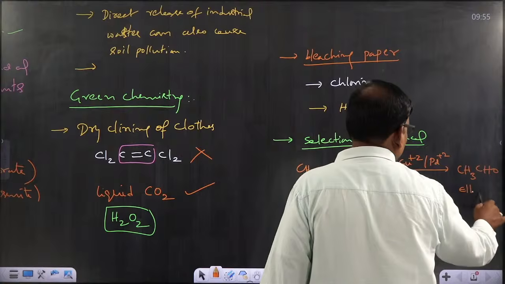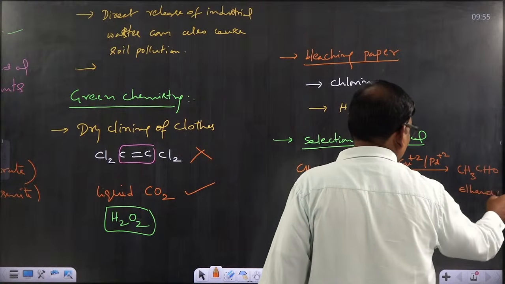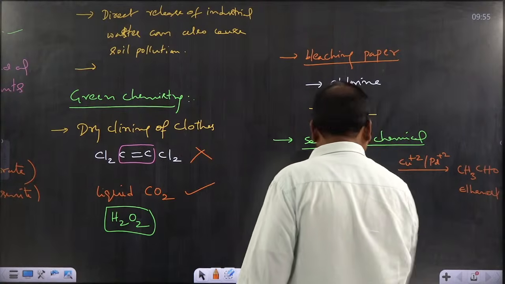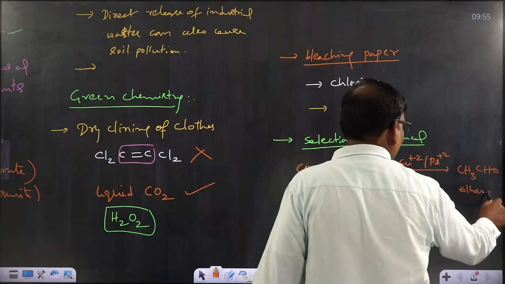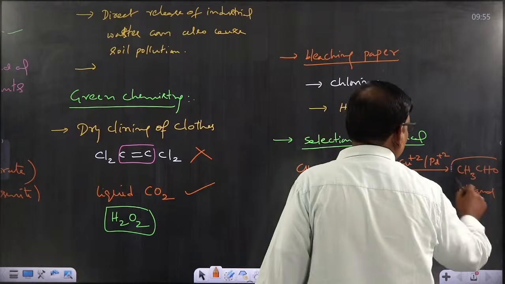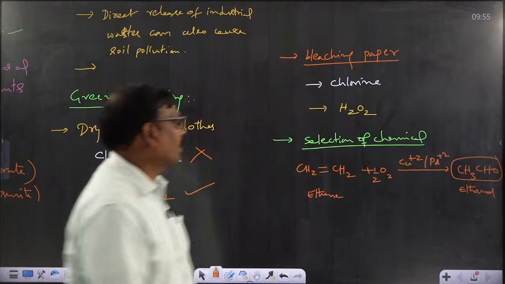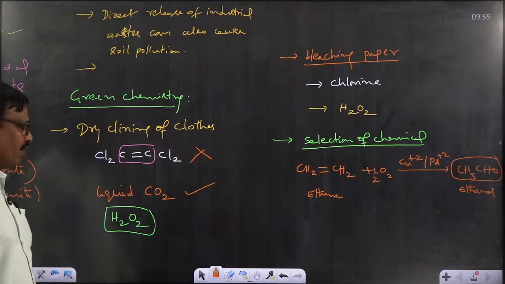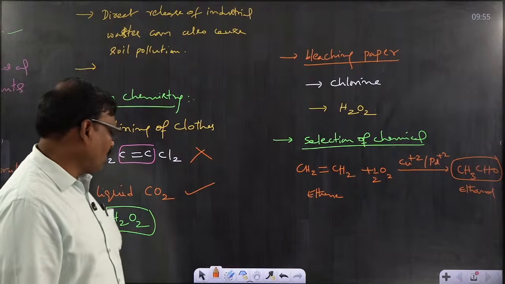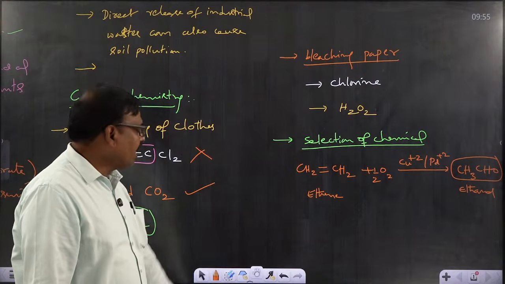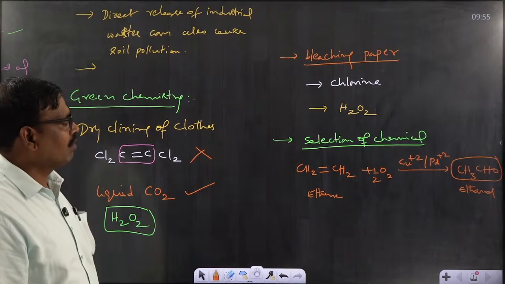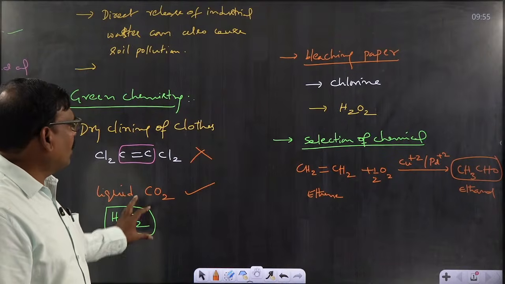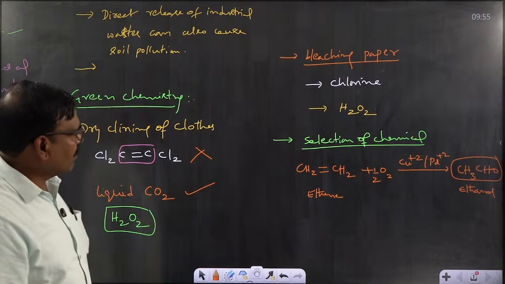It is the main product, obtained without producing any byproduct. In this way, we can prepare whatever chemicals are required by avoiding byproducts. All these come under the category of green chemistry.